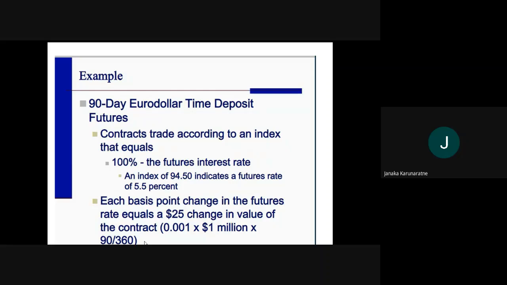Whenever there is a change of 1 basis point, how much is that? 0.01 percentage. All of you know, 1% means how many basis points?